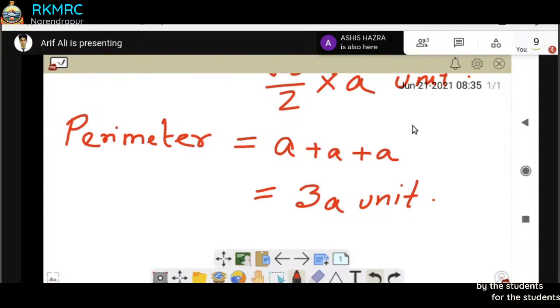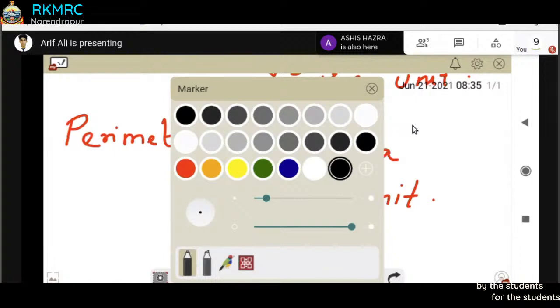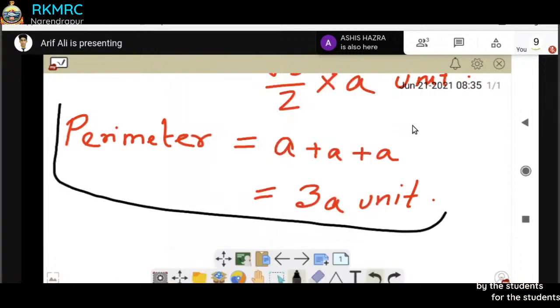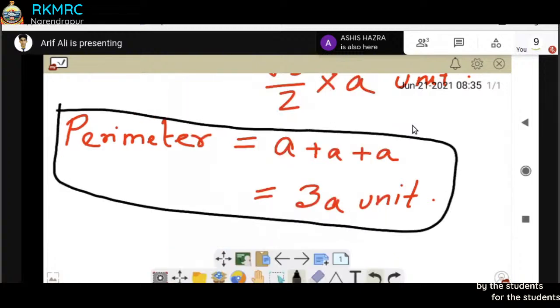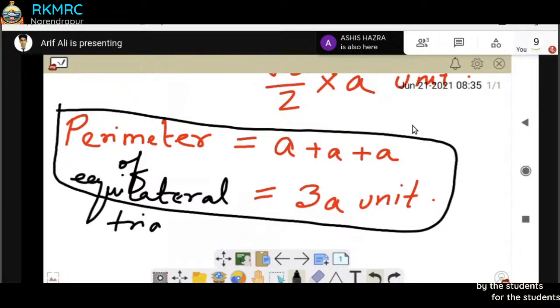So these all are your formulas. This is your formula: perimeter of equilateral triangle.